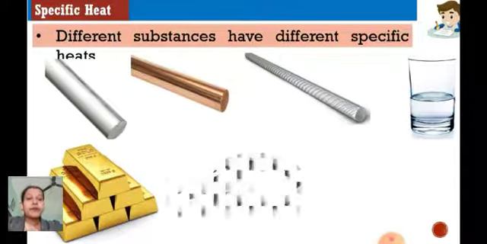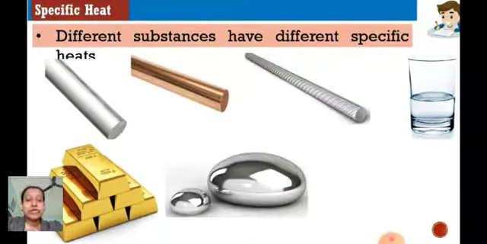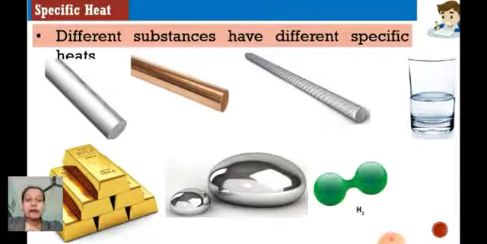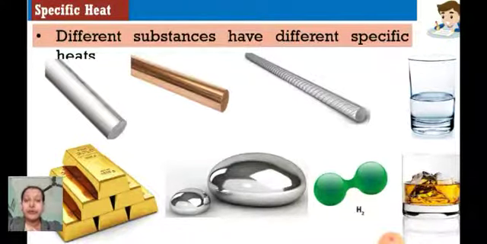Then gold, mercury, hydrogen, that is hydrogen gas, and even alcohol. All of them have different specific heats. That means the capacity to absorb heat to raise the temperature through 1 degree Celsius will differ in different substances.